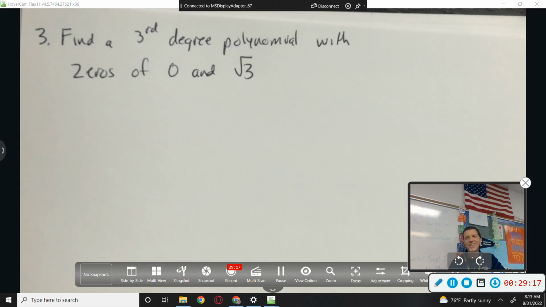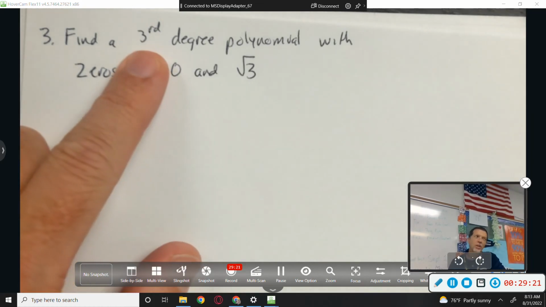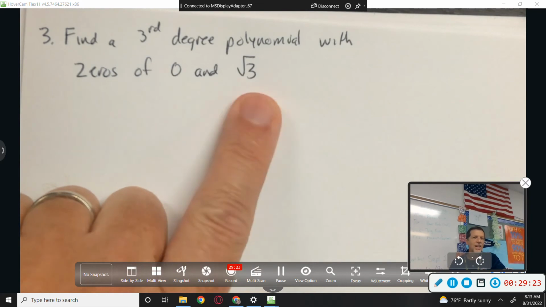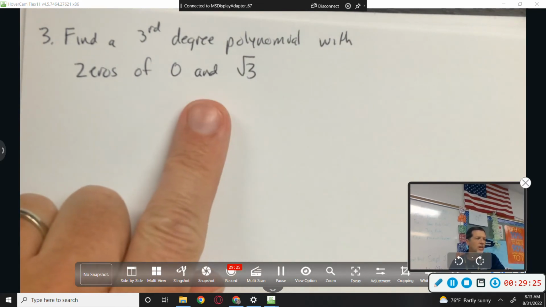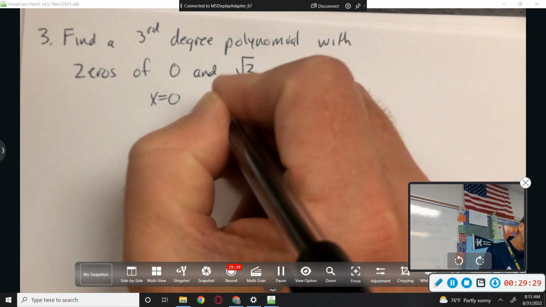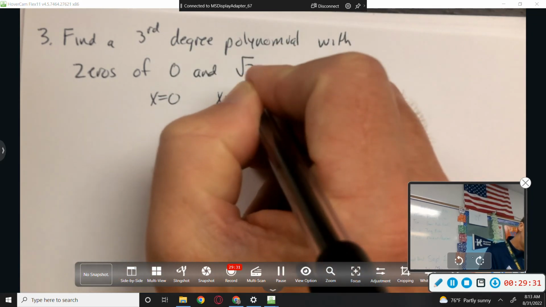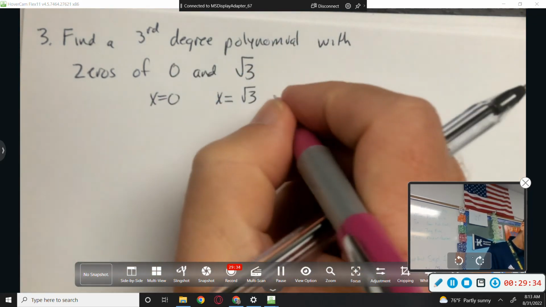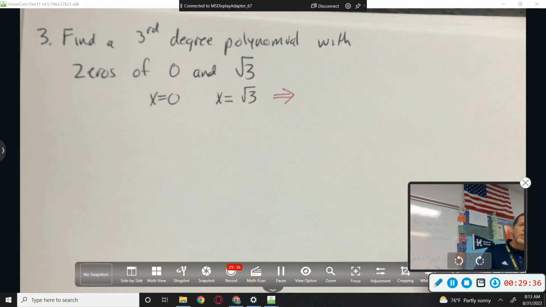It's a little bit like the last one in that third degree means there should be 3 zeros, and yet we only gave you 2 of them. So what's the other 0? Do you know what the other 0 is? Yeah, what's the other 0?